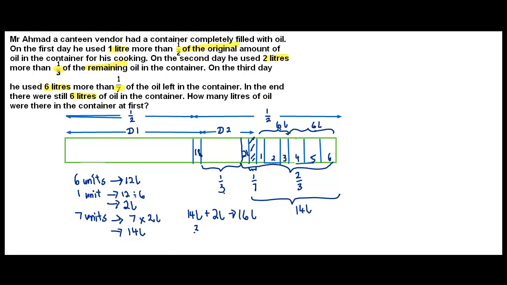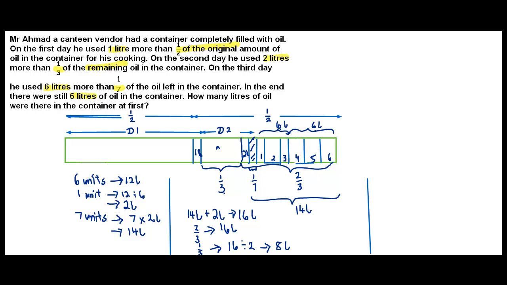And if 2/3 equals 16 liters, 1/3 would be 16 liters divided by 2 parts. That would give us 8 liters. So 1/3 part is 8 liters here.